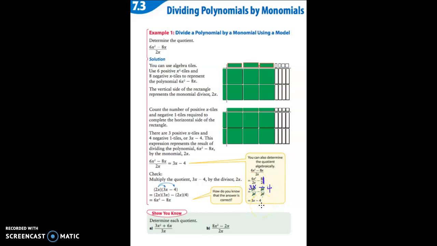To check your work, you can actually use the divisor, which is 2x, multiply 3x minus 4. And we have that displayed right here. You have 2x multiply brackets 3x minus 4.